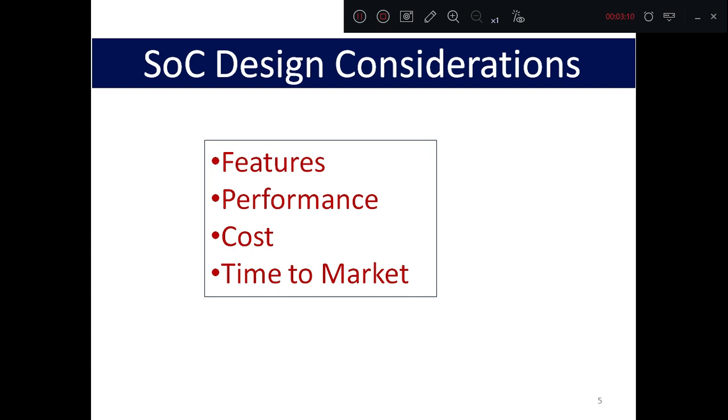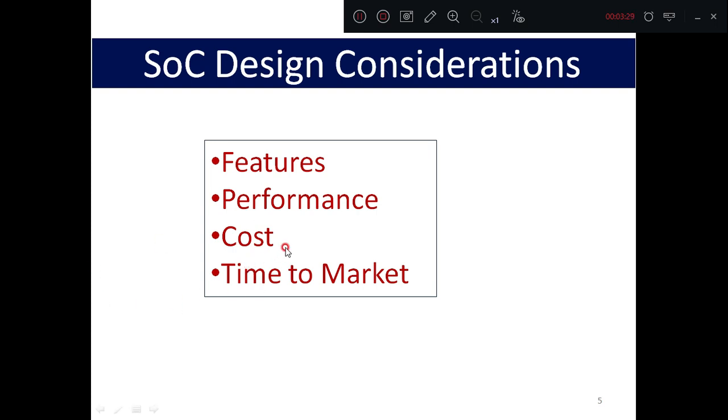All these power dissipations are to be reduced when we go for the design of the circuit. The performance is measured by the speed of the circuit as well as the power dissipation of the circuit. These are the two important parameters for performance measurement.